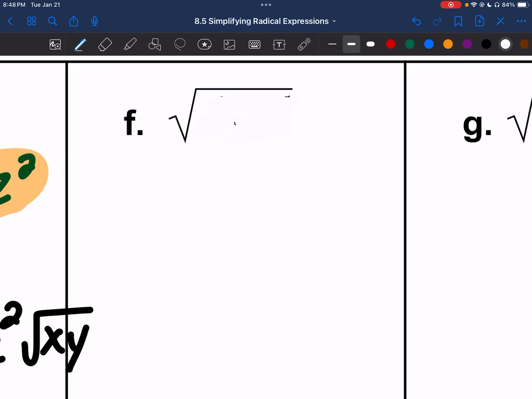All right, so you're going to have the square root of 20 x to the 3rd, y to the 7th, z. Now when we simplify those, 20 simplifies to 4 and 5.